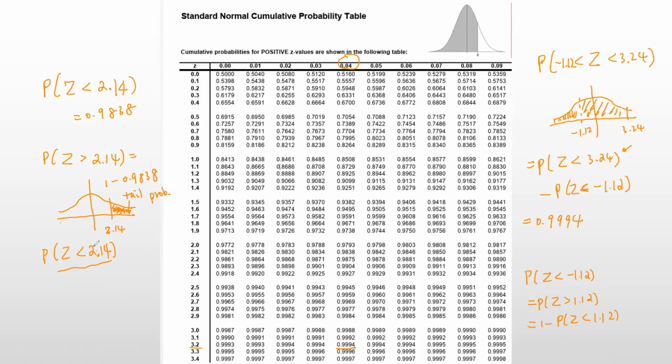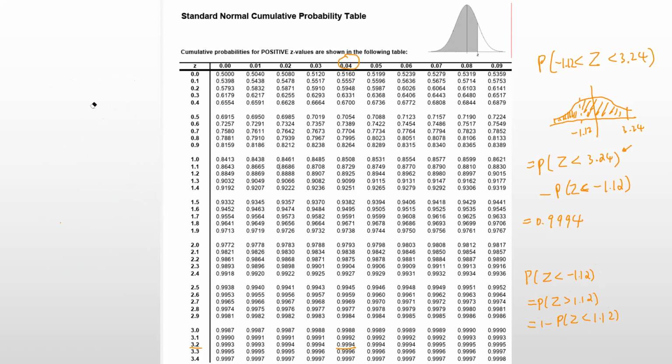Here, less than or less than or equal to, I really don't care, because in terms of probabilities they are the same because the normal distribution is continuous. So that will be 1 minus 0.86.